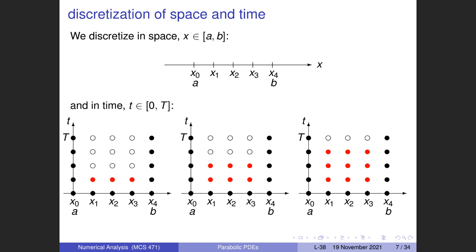So the red dots here, reading this 2-dimensional grid from left to right, you see that in each time step, we compute the values over the space, the 3 internal values, and we go filling up the distribution. So this is a time stepping method. So we go forward in time.